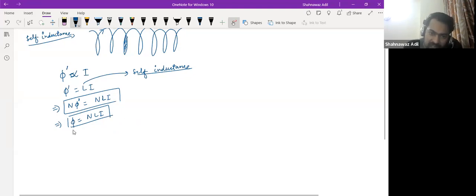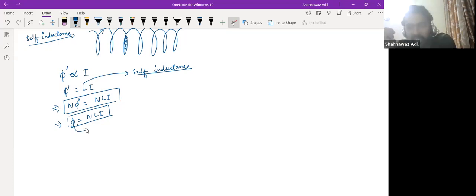Or if we calculate the flux from the general definition, what is the definition of the magnetic flux? Not the EMF, EMF is d phi by dt.